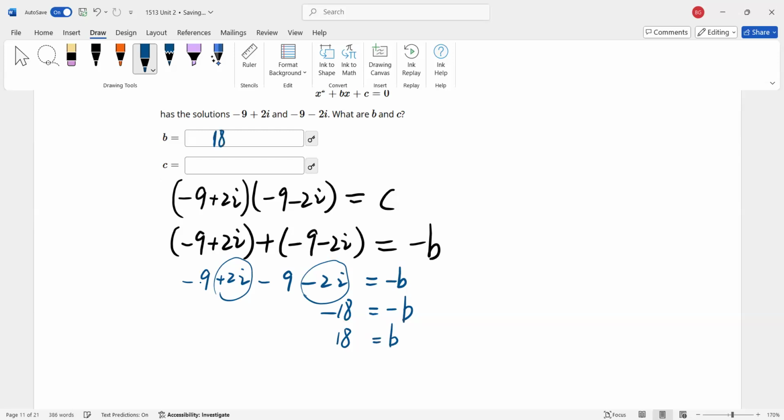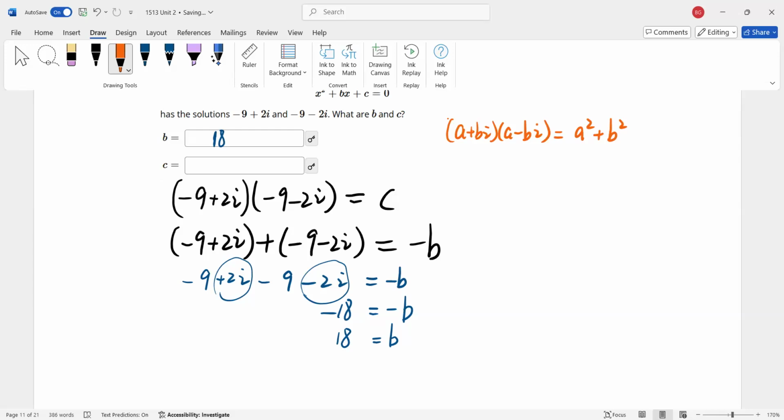That one is easy. For the multiplication one, if you know the formula, it's going to be easy. If you don't know, we proved a formula last class. A plus bi times a minus bi equals a squared plus b squared. A is the real part of the complex number.